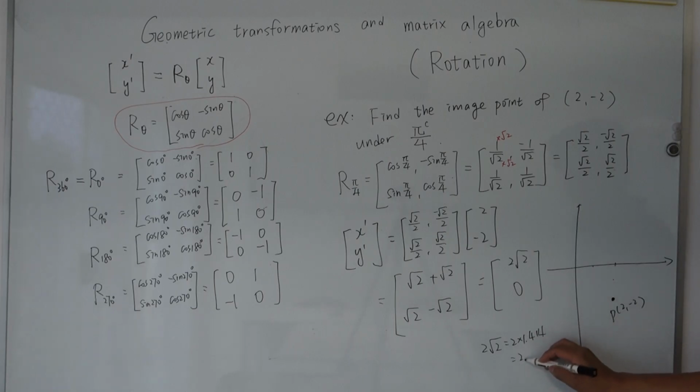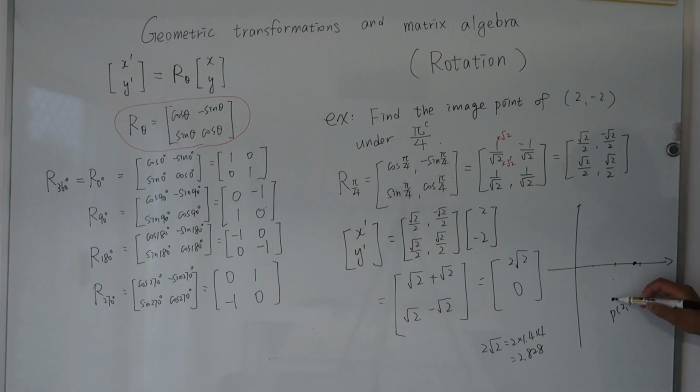So equal to 2.828, around here. See? It rotates from here to where? Use 0 as the center, right? Rotate like this, and go to a new point here, 2 square root 2 here. Okay? That's the rotation.